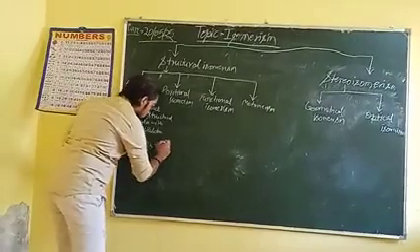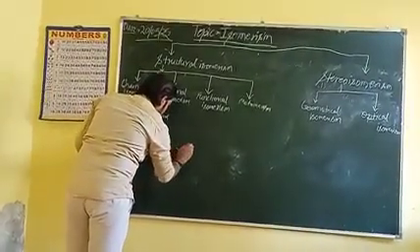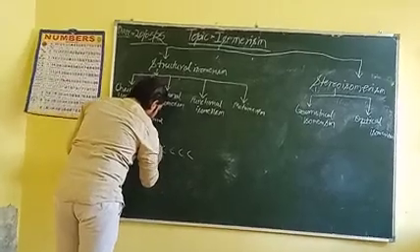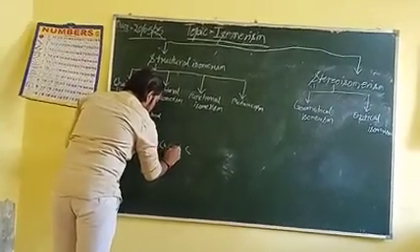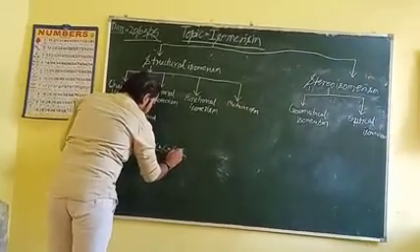So there are 1, 2, 3, 4, 5 carbons: CH3, CH2, CH2, CH2, CH3.